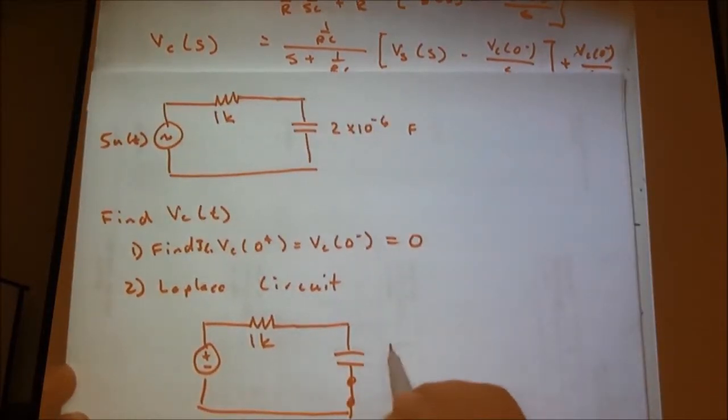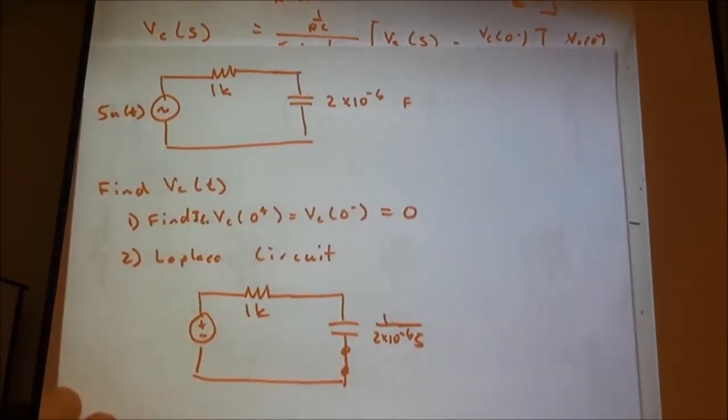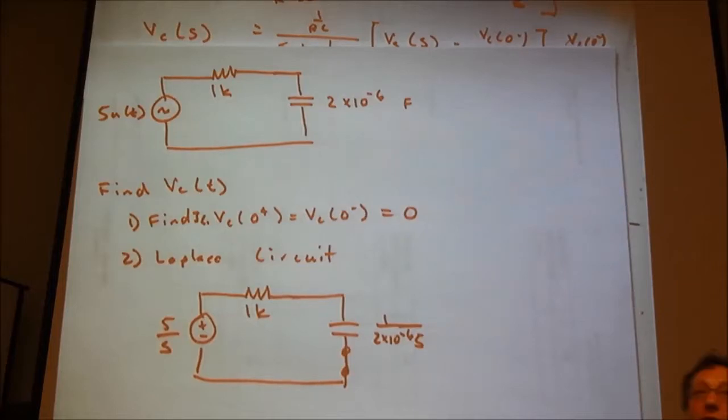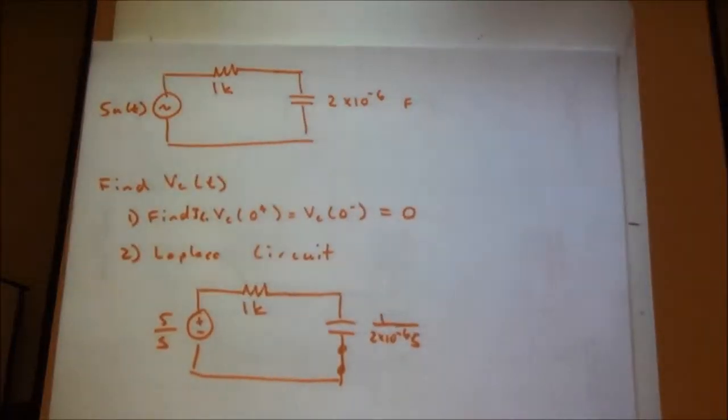You can write 1 over 2 times 10 to the minus 6 S, or 5 times 10 to the 5 over S. And then this is 5 over S. That's the Laplace transform of the step function. We saw that a lot. Again, that's one you want to be able to do off the top of your head. u of t goes to 1 over s.